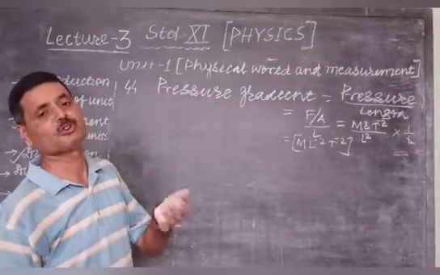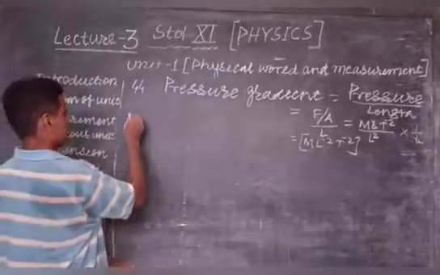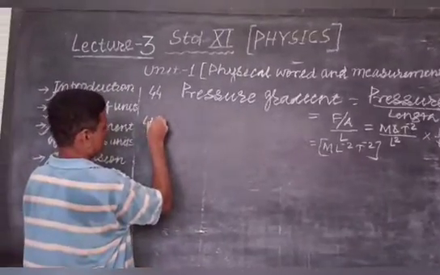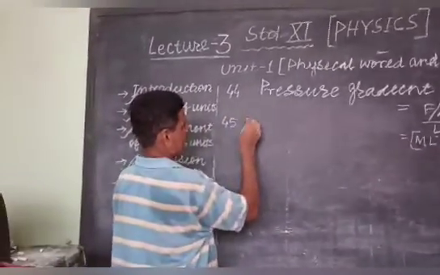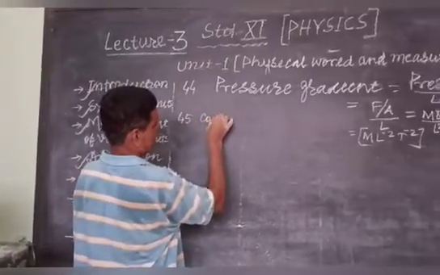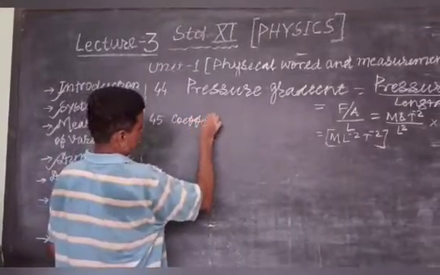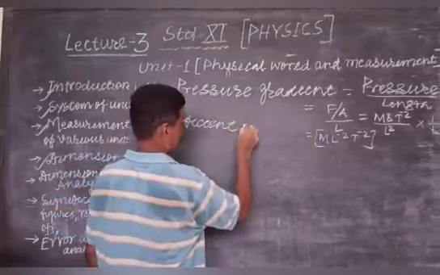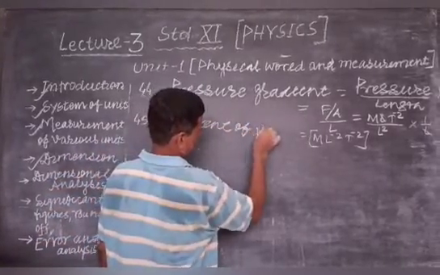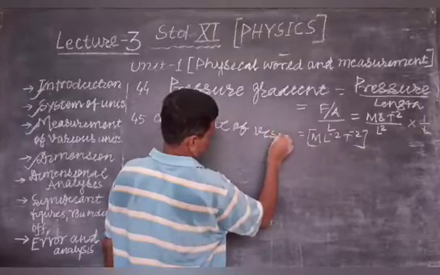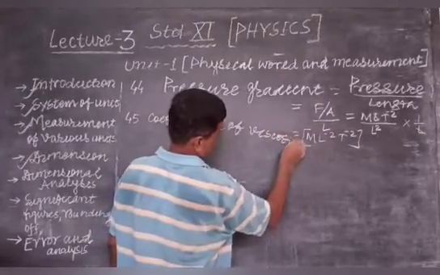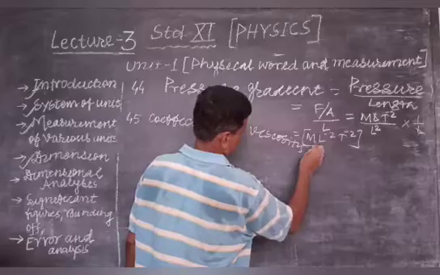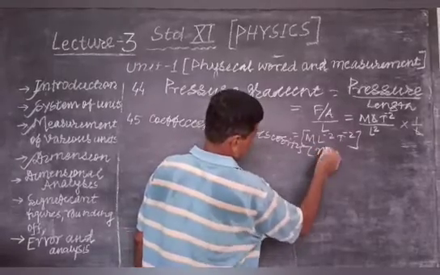Now serial number 45, the coefficient of viscosity. It is denoted by eta.